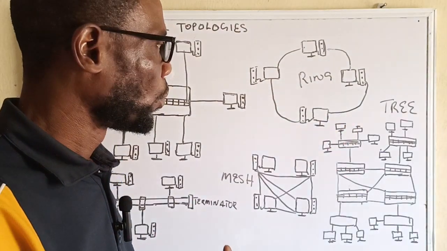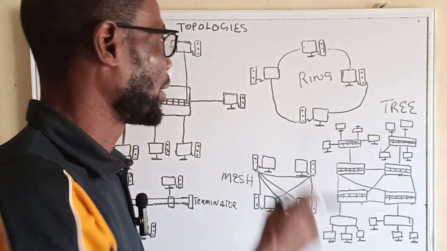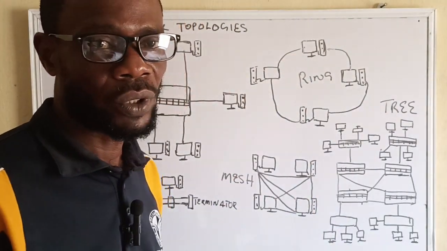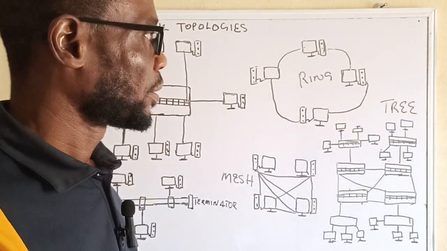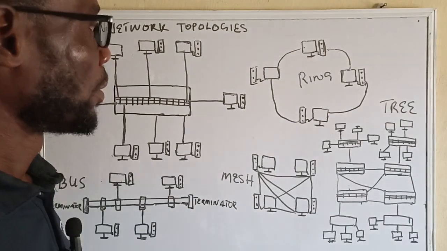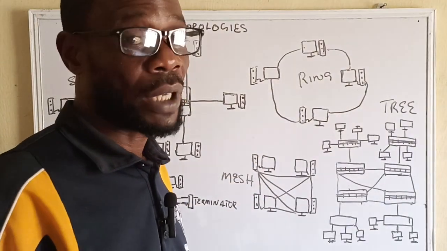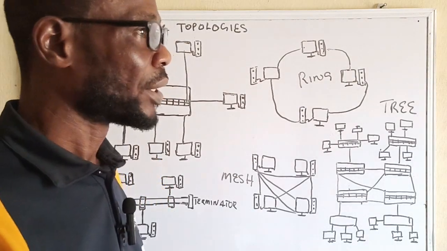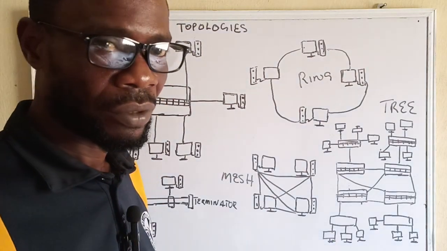Whichever computer captures this token will transmit a file to another computer. Each computer here has an address, and this address is attached to the token and passed around.